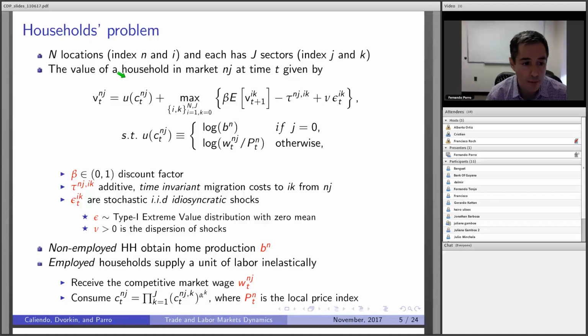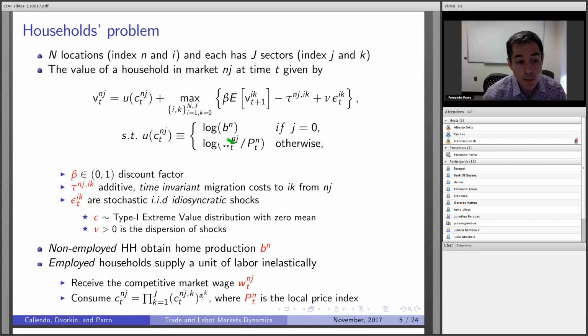A household that is working in labor market nj at time t receives a competitive nominal wage W that is going to depend on the labor market that you're working in, on the industry and the region. And this household uses her income to consume a basket of goods where P_n is the ideal price index.